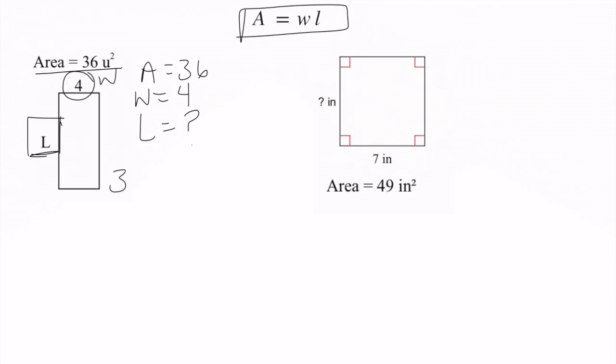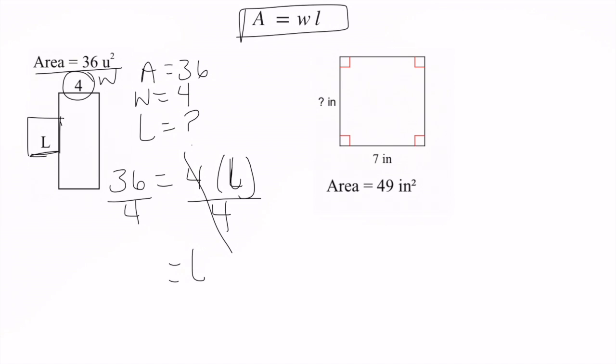We have area is 36, width is 4, and we don't know our length, so we just leave it as L. So then in order to get L by itself, we divide by 4. So then we have L by itself on this side, and then we divide 36 by 4, which will give us 9. L is 9.